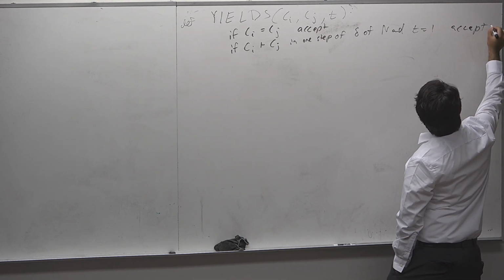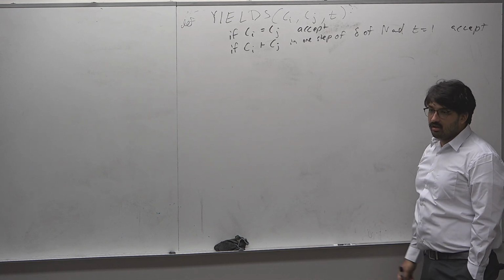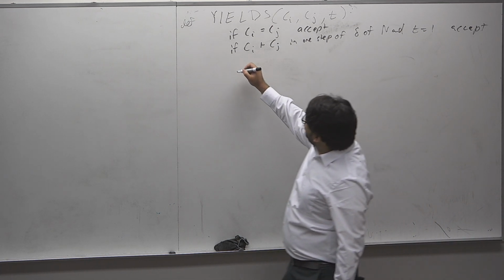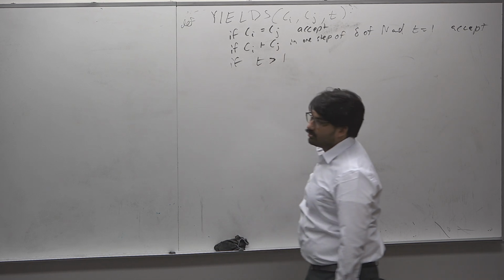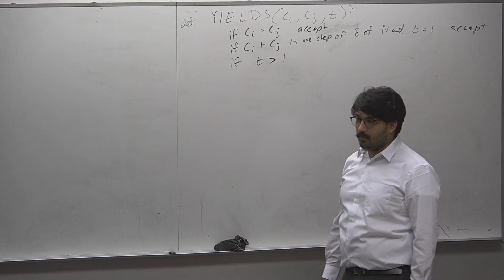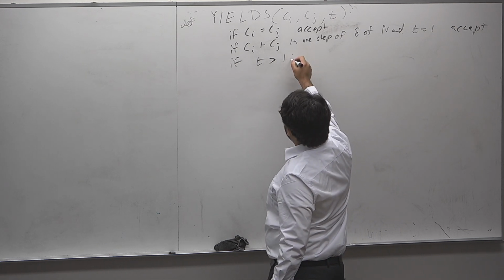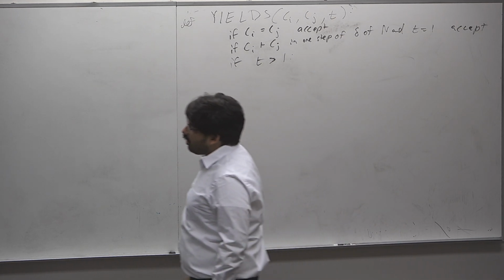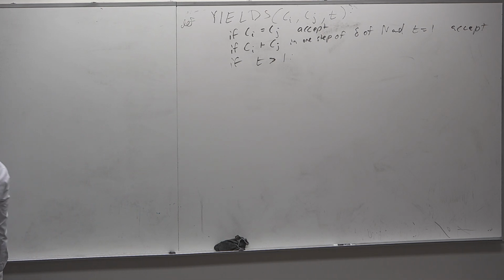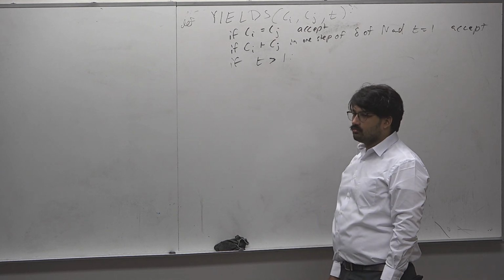So these are two base cases; you just check with the configuration. Now, if T exceeds 1, we want to actually do the programming. So we need to, as we've said previously, find a configuration C and then call recursively on CI, C and C, CJ. How do we find such a configuration though?